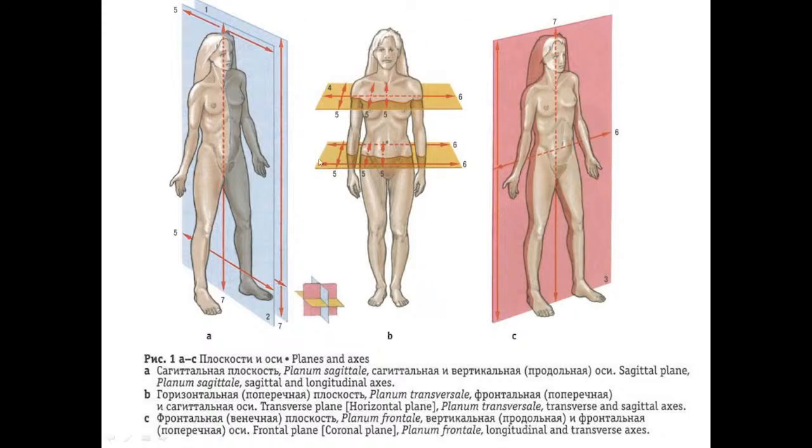The horizontal plane divides the body into upper and lower halves. This is upper, this is lower, this is the cranial part and caudal part.